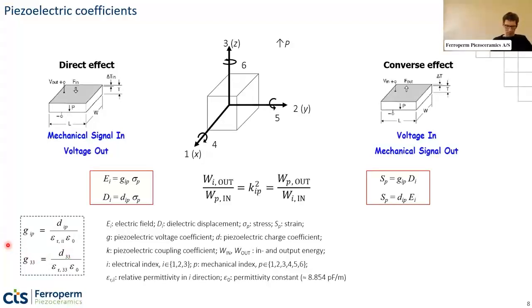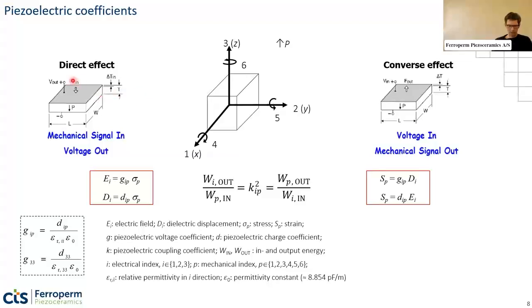Final point here is that if you are working at resonance, you can find the ratio of input energy to output energy as the square of a coupling coefficient. So this is another way of expressing piezoelectric activity by a coupling coefficient, and this is relevant at resonance. So of course you need to again have the right values of I and P so that you have a resonance that is relevant for your exact case.